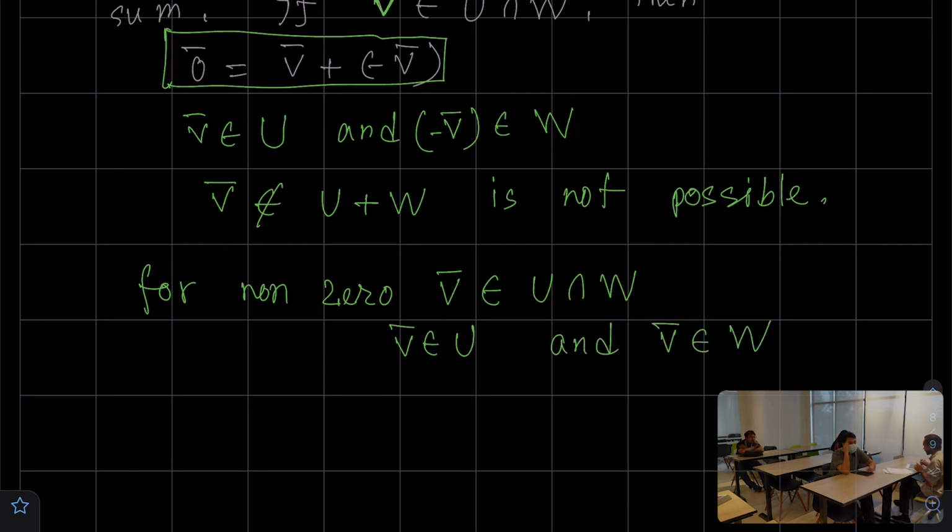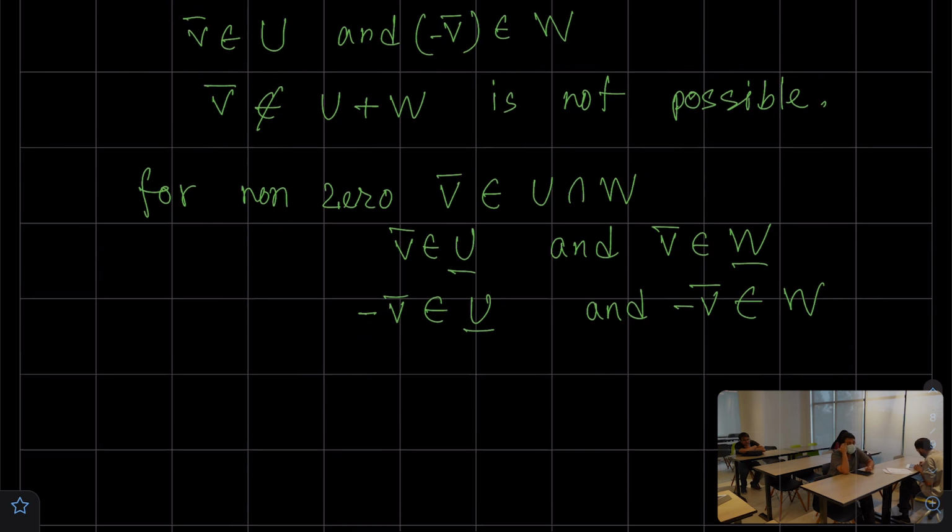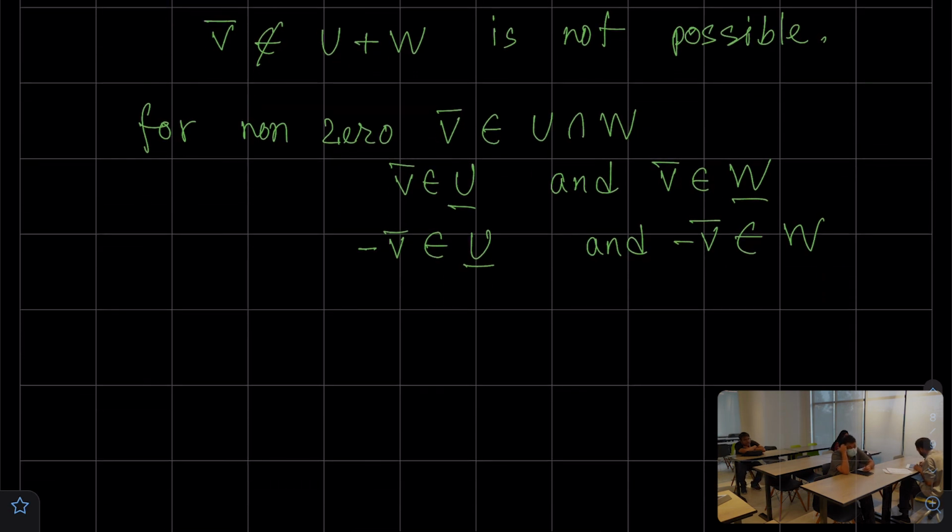And since U and W are subspaces, that means minus V also belongs to U and minus V also belongs to W, right? So 0 can be represented as V vector plus minus V vector.